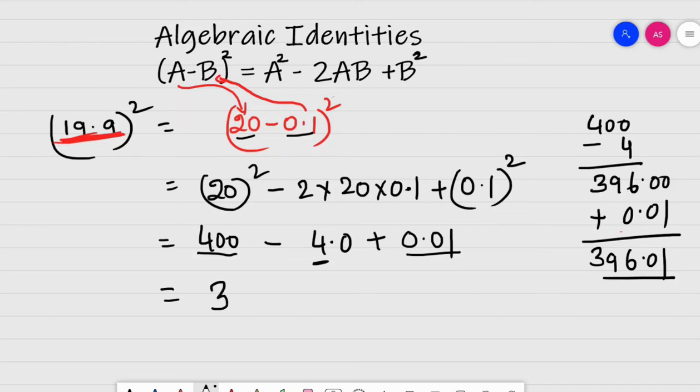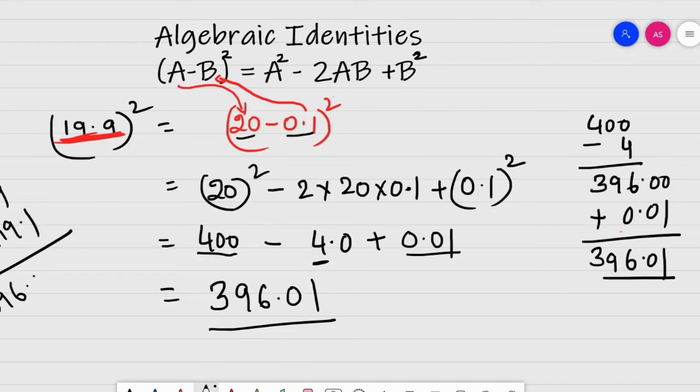So finally you will get 396.01 for 19.9 whole square. Without actually multiplying 19.9 into 19.9, you can get 396.01 using the formula a minus b whole square is equal to a square minus 2ab plus b square.